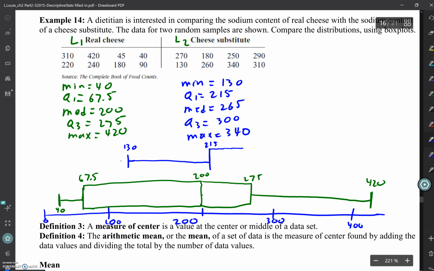Our median is 265. Quartile 3 should go up to 300. That's a little overdrawn. And then a max of 340.